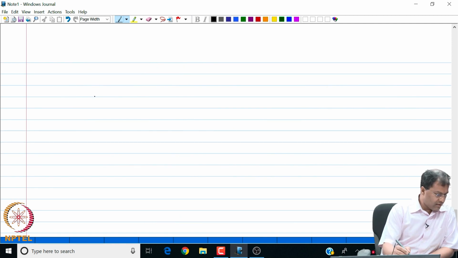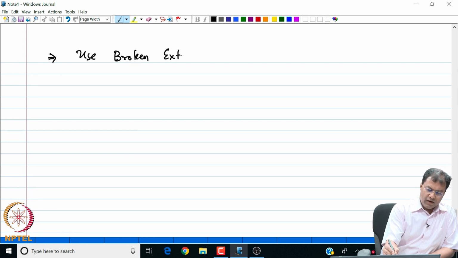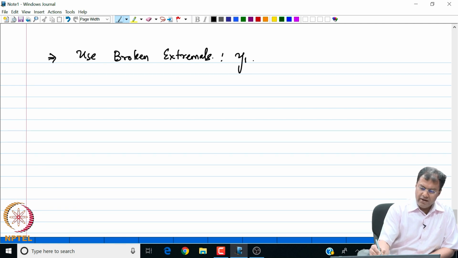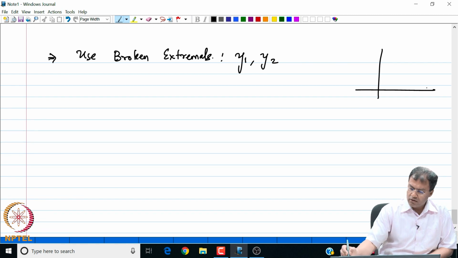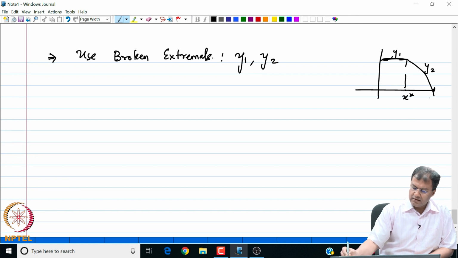The conclusion is, since x equal to 0 is not a solution, we use the idea of broken extremals to find y1 and y2. Let me again draw the figure. We have y1 of this profile and y2 of this profile, and they match at the point x star, which is x at u1, and this is x at u2, which is equal to r.